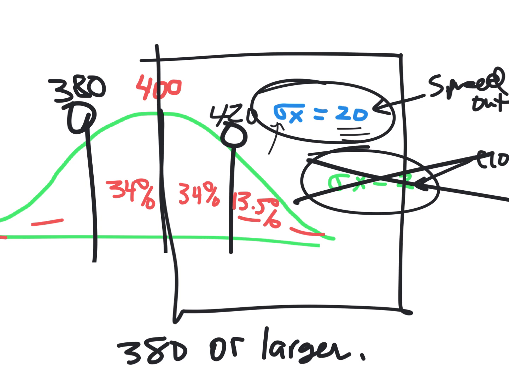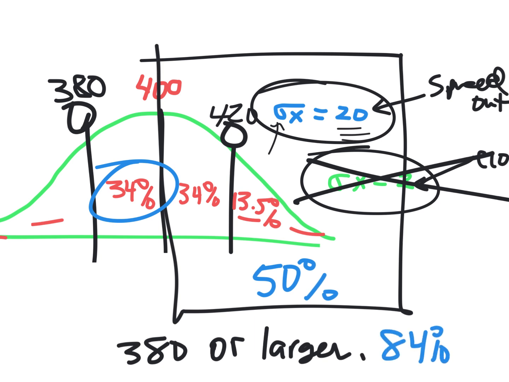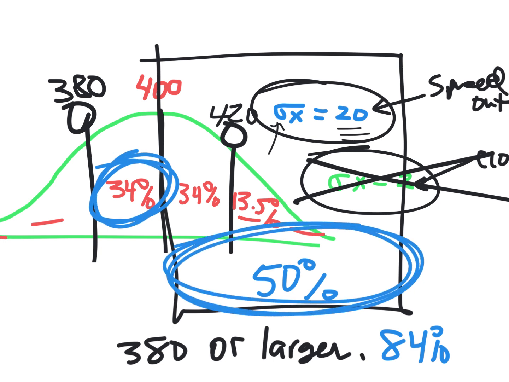And the last answer we just did was that 50% of the snakes were in there. So you just had to add this and it was 84. Raise your hand if you knew it was 84. Okay, awesome. Any questions about that? Because this is 34 and this part was 50. Put them together, there's 84% of the snakes would be between there.